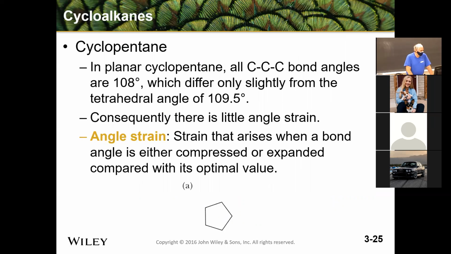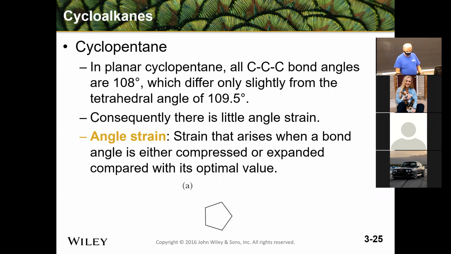Then we looked at conformations of cycloalkanes. In cycloalkanes, you can have both torsional and angle strain. In angle strain, the carbon atoms are forced to deviate considerably from the ideal of 109.5.